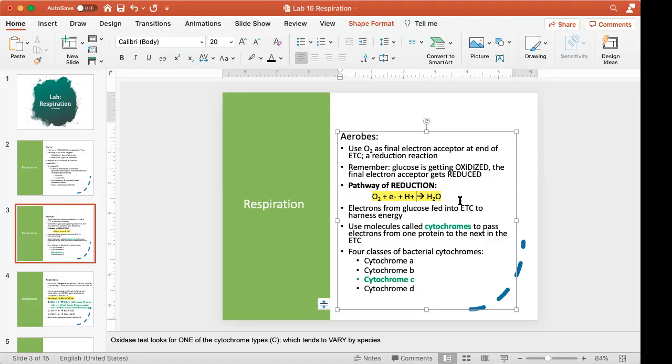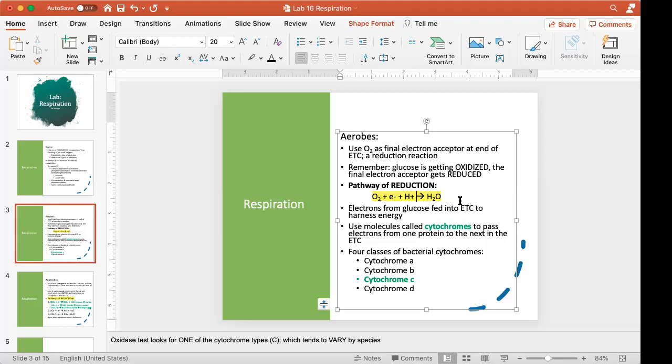Now, in the electron transport chain, there are 4 complexes of specialized proteins that do the work of harnessing energy out of the electrons as they pass by, as they pass down the staircase.